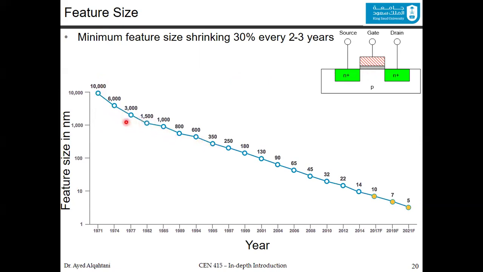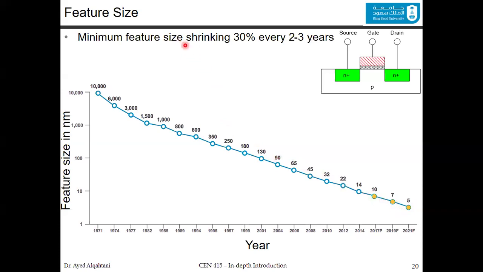It's going down, starting from 10,000 nanometer all the way to 5 nanometer. And right now, in 2023 or 2024, the fabrication and the research, they are talking about 1 nanometer and below 1 nanometer transistors.